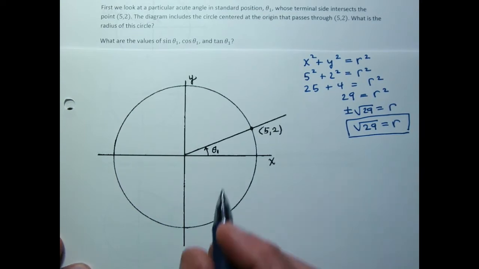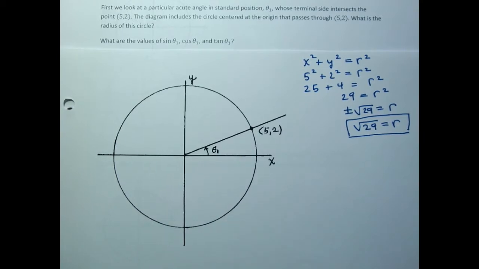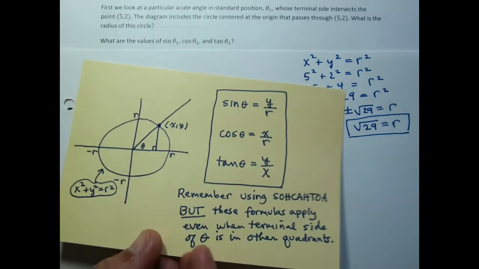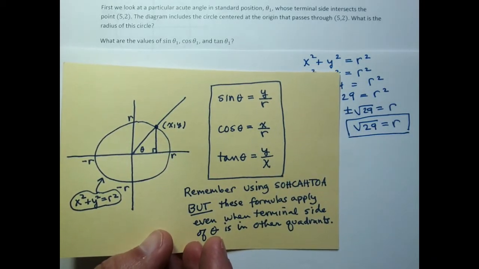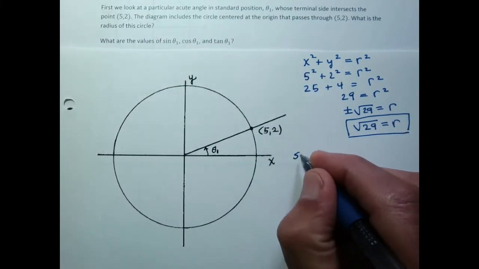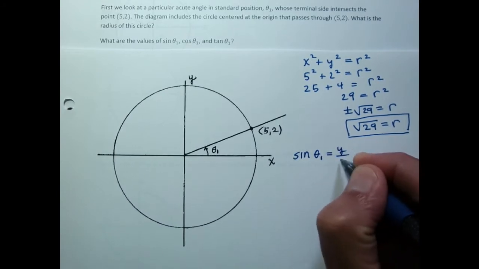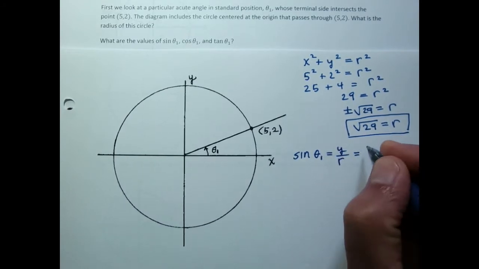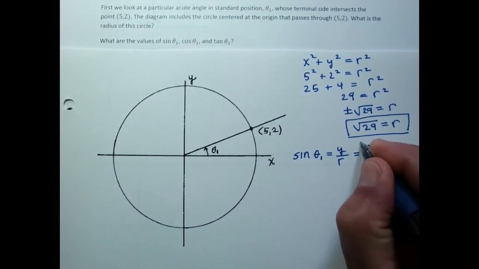What are the values of sine of theta 1 and cosine of theta 1 and tangent of theta 1? So I'm going to make use of our new formulas for sine, cosine, tangent that involve r. So sine of theta 1 is y over r, which is the y coordinate of the point, 2, over the square root of 29.